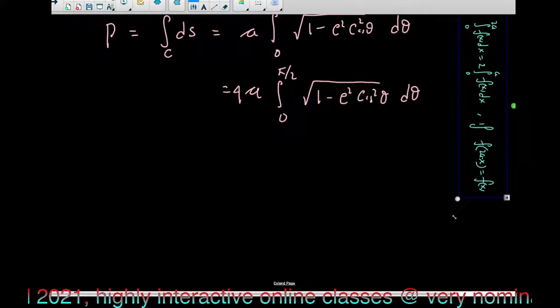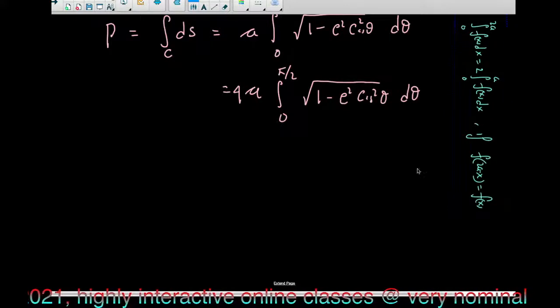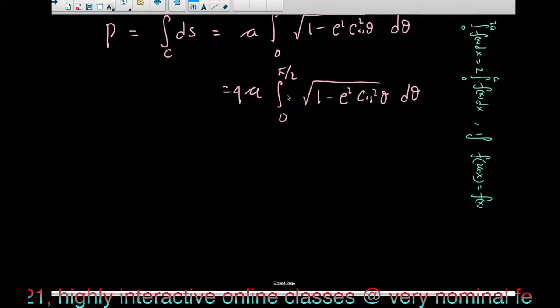This property we have used here, and you have to use it twice.